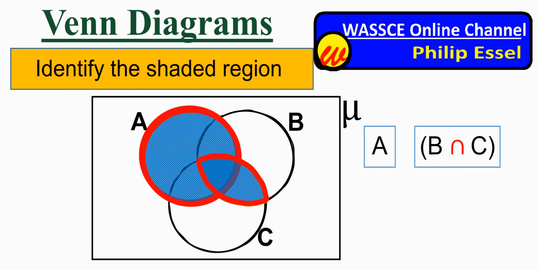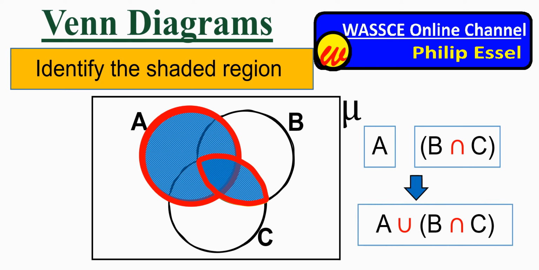In other words, they form a union with each other to form one unit. So, the region A and the region B intersection C would form a union. In other words, they will unite, and that would result in the formation of A union (B intersection C). It's as simple as that.